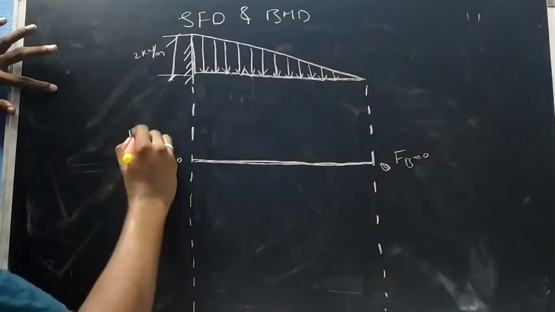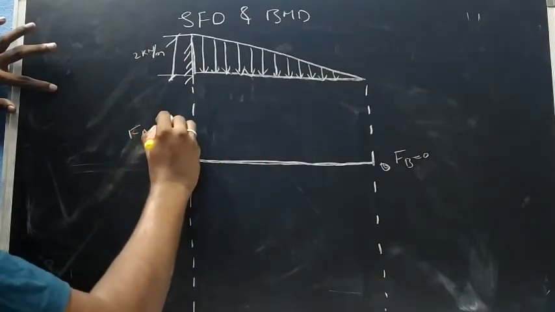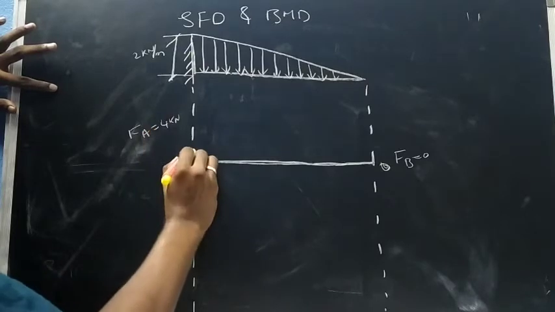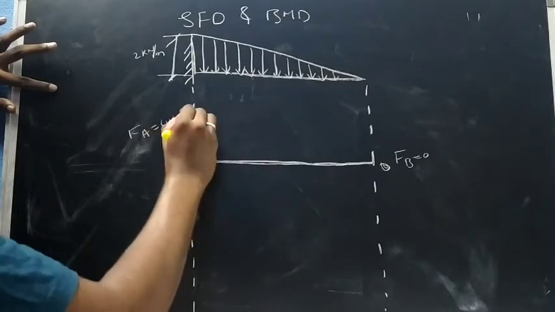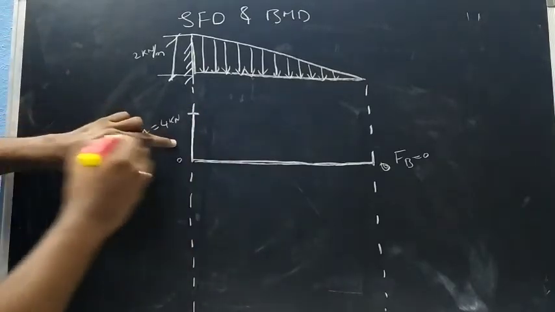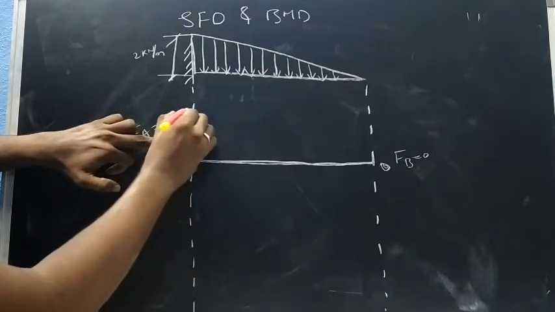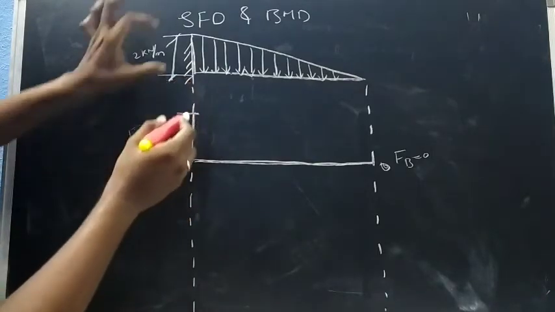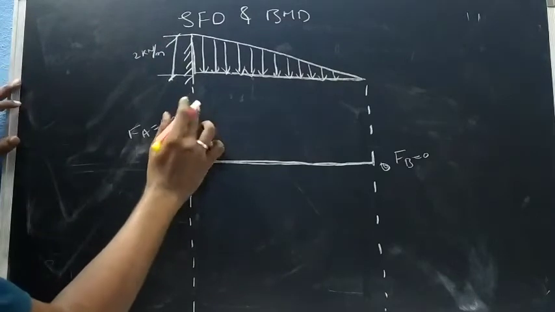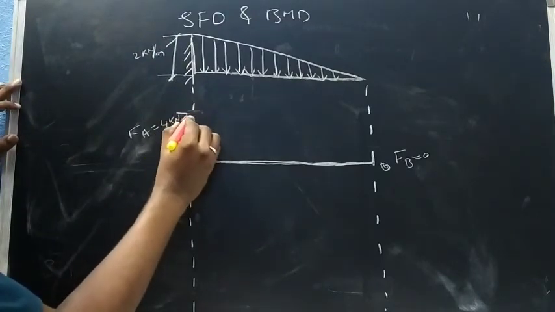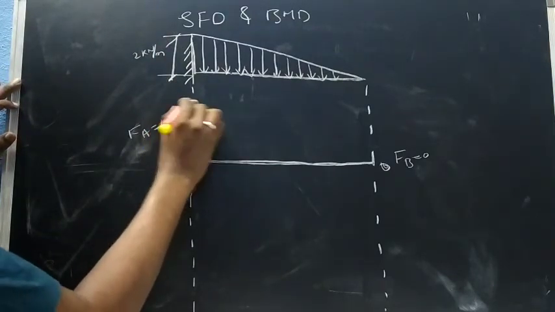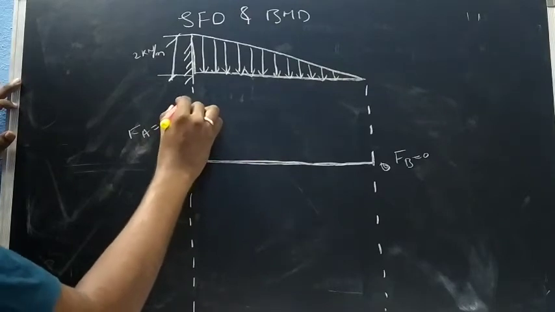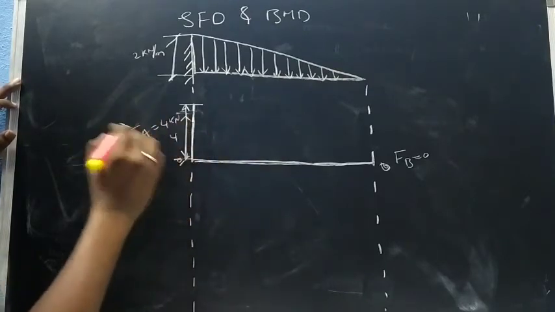We know the FA value, that is 4 kilonewton, which is positive. Raise up to a certain height to represent 4 kilonewton. If it is 2, it is more than 2, right? So increase the height a little. Okay, this will be your 4 kilonewton.